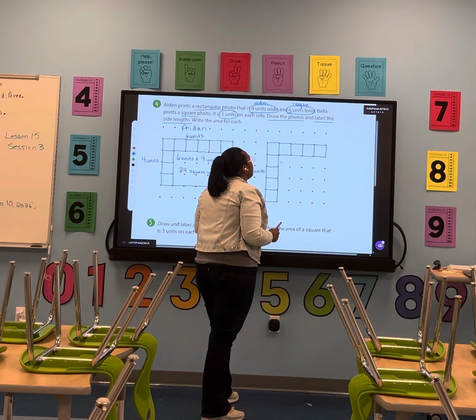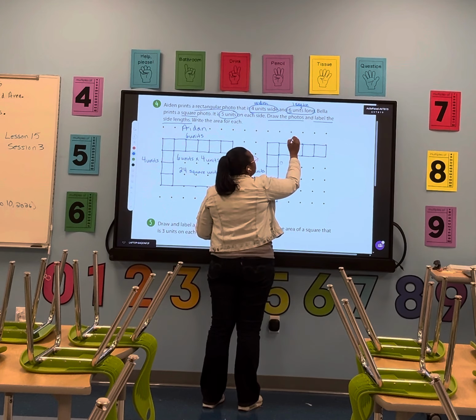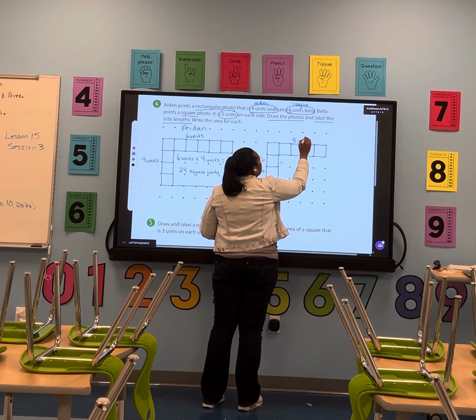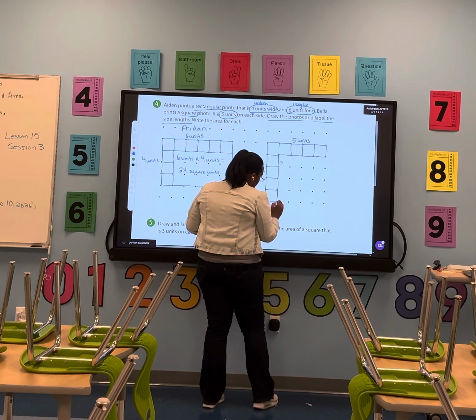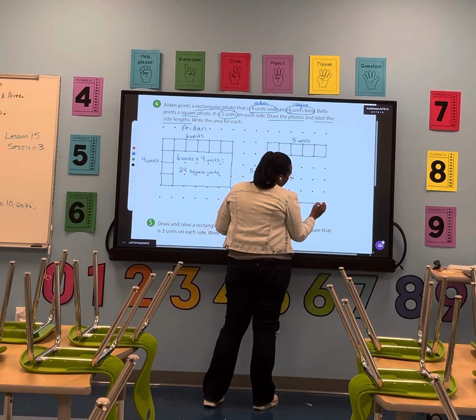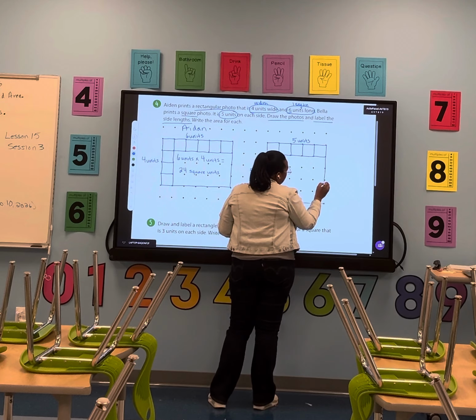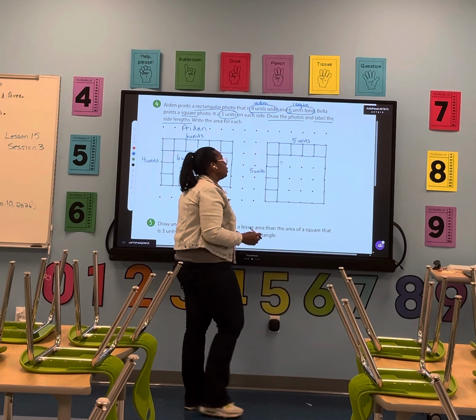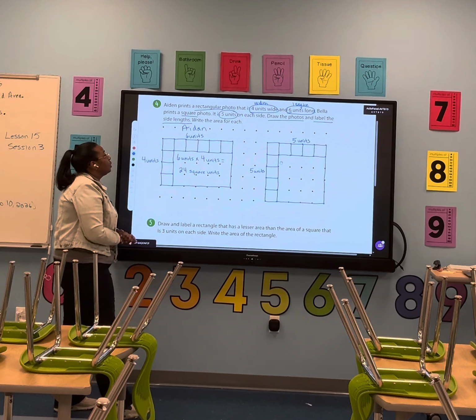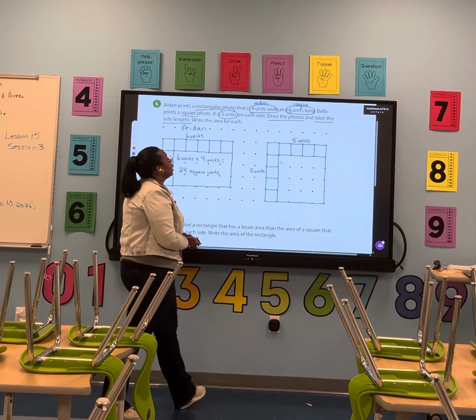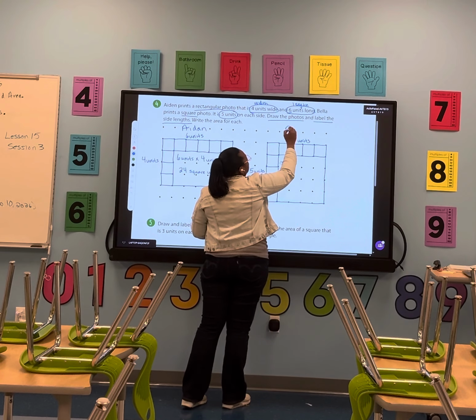Okay, so I'm gonna label, this is 5 squares, that's 5 units. And now we're just gonna close in our square. All right, that's our square. So this is Bella, so I'm gonna go ahead and label this one as Bella.